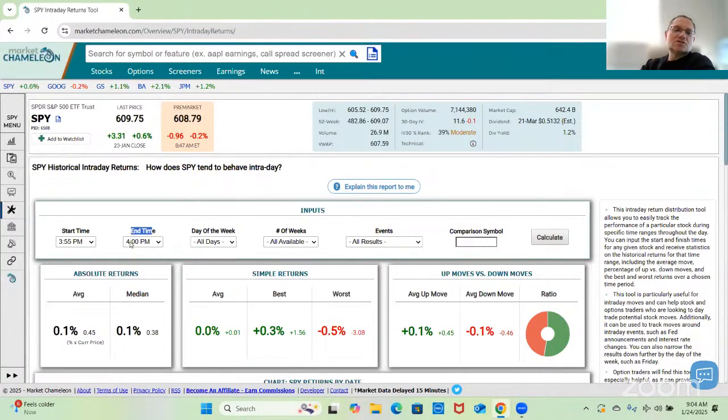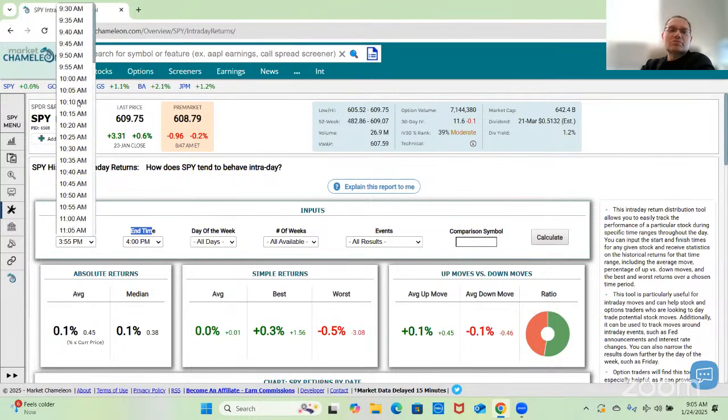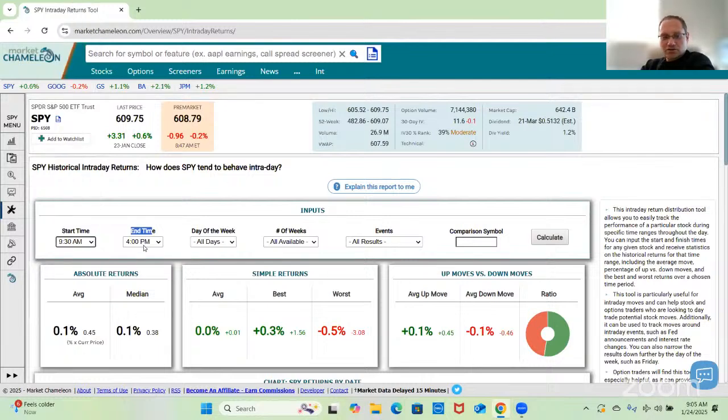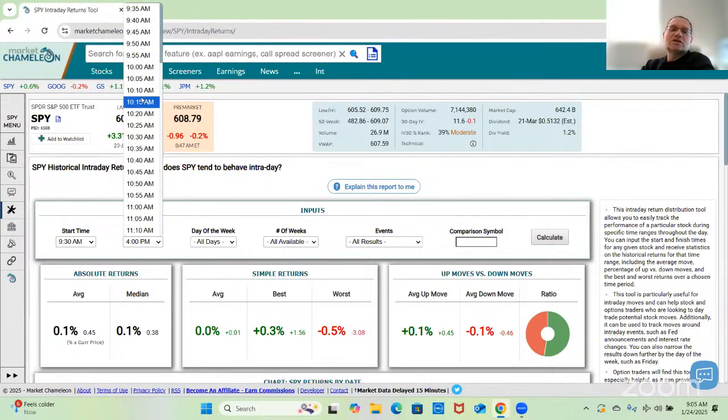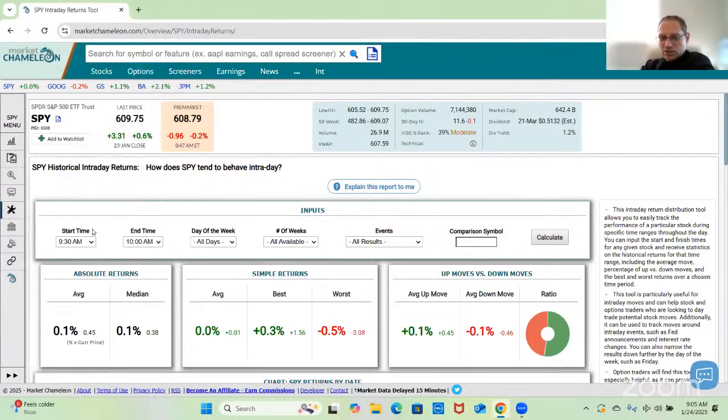So for instance, let's say we want to analyze how the stock behaves in the first half hour, 9:30 to 10 o'clock, right? So we could set that, and then we could analyze how the first half hour of the stock tends to behave historically, okay?